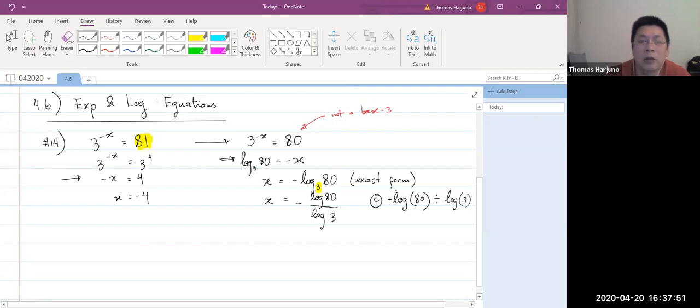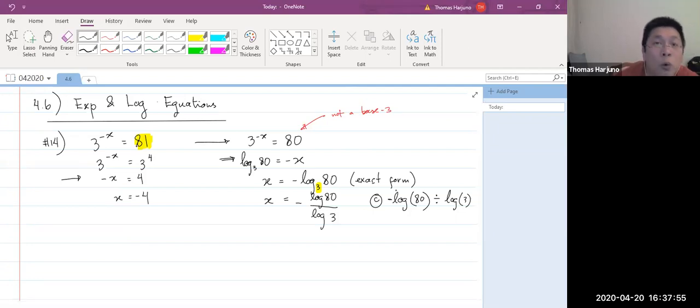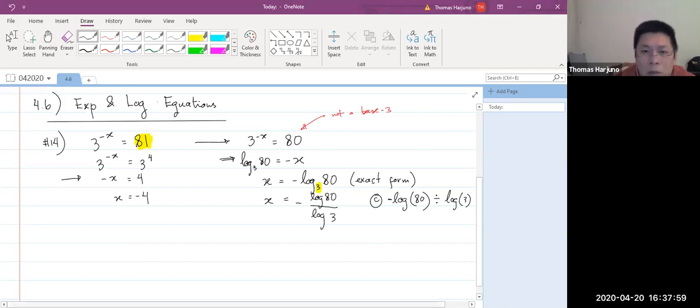Now on my computer, I have the emulator for TI-84. So try to use your own calculator, by the way, to compute that and get what we call approximate form.